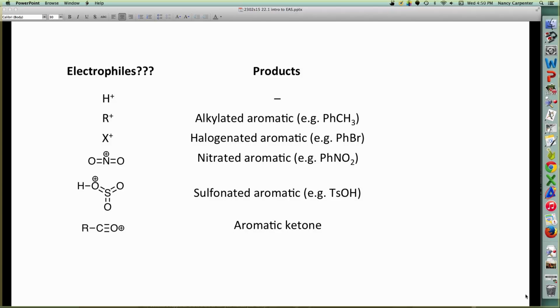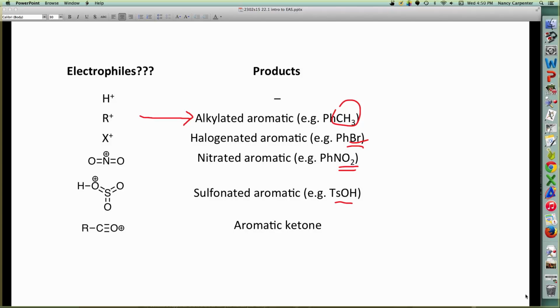Basically, pick an electrophile, any really strongly activated electrophile, and react it with an aromatic ring, and you get substitution. So we can put, for example, a methyl group on an aromatic ring now. We can put a halide on an aromatic ring. We can make nitro aromatic rings, nitrobenzene, trinitrotoluene, aka TNT.